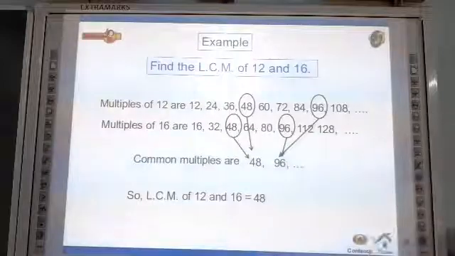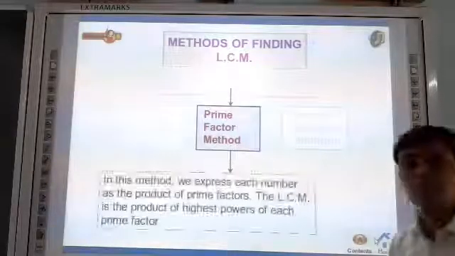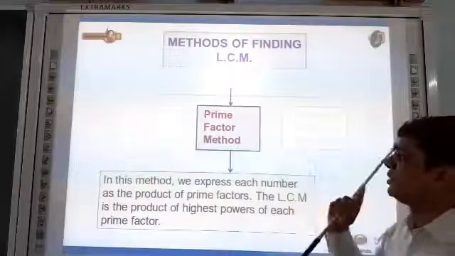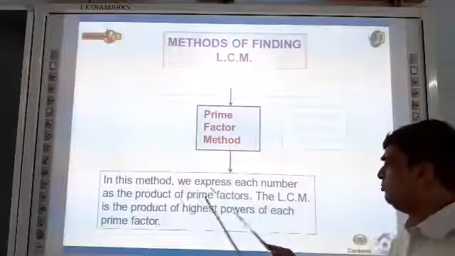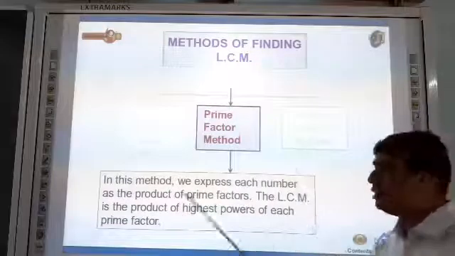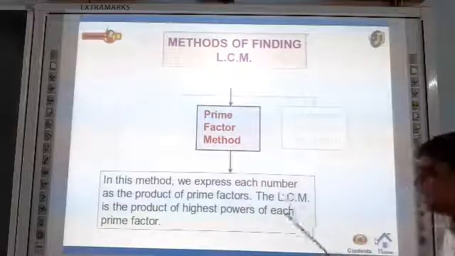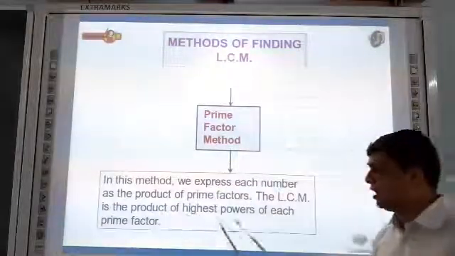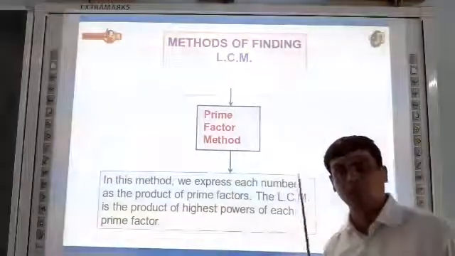student. Second is prime factor method. Look, in this method we express each number as the product of prime factors. The LCM is the product of the highest powers of each prime factor.